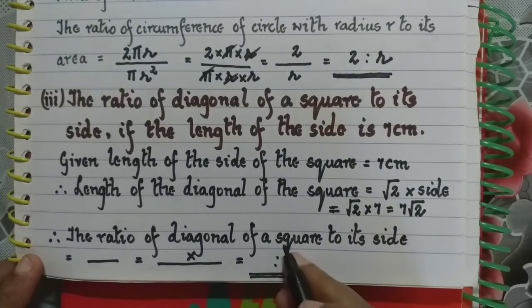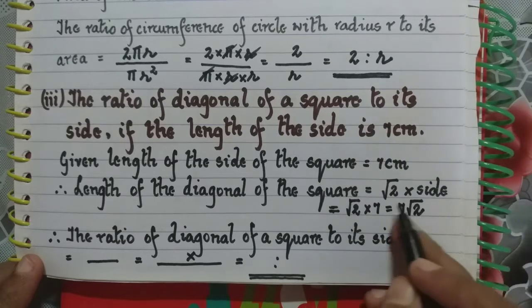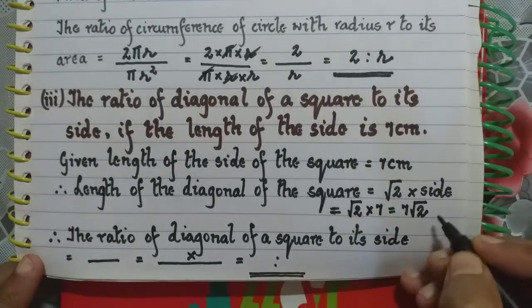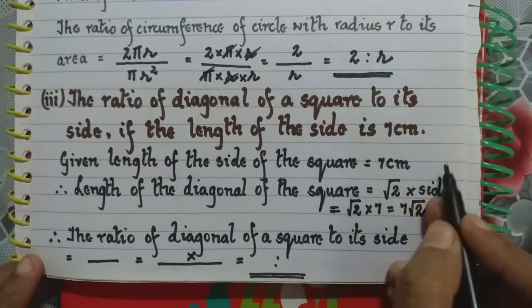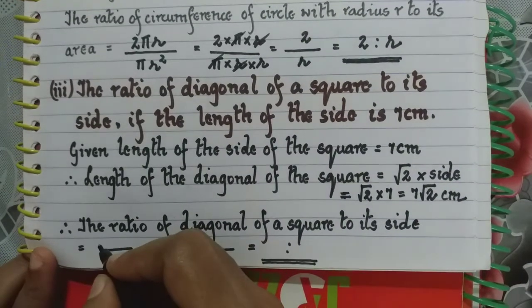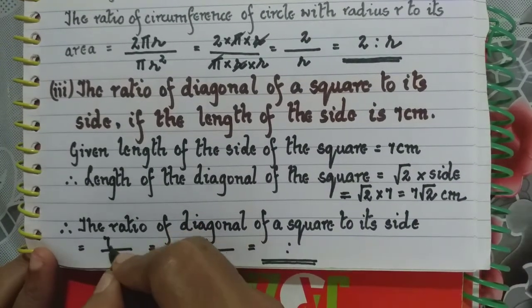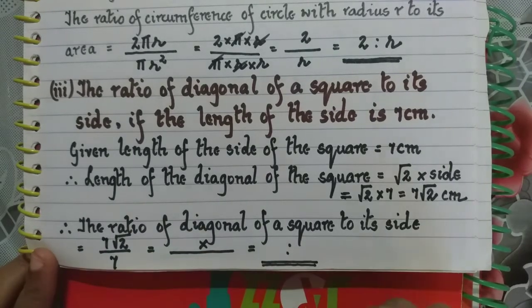Now what have we to do? The ratio of the diagonal of the square to the side. The length of the diagonal of the square is 7 root 2 centimeter. The length of the side of the square is 7 centimeter. So this will be 7 root 2 upon 7.